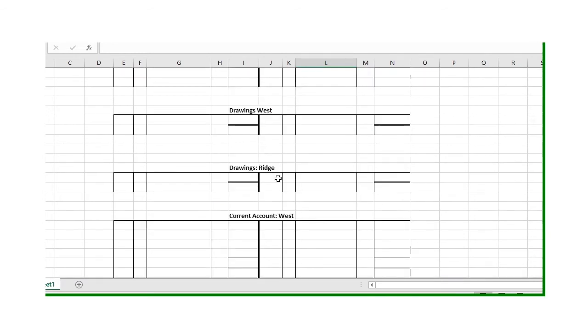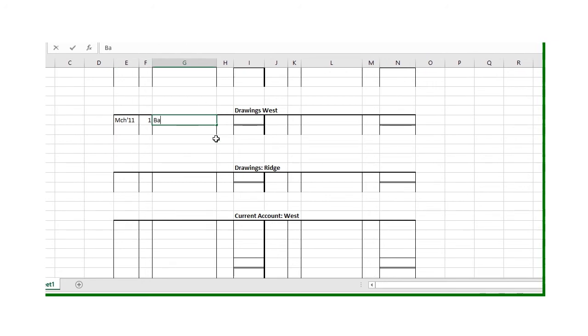So go to drawings, West, March 2011, the first, balance brought down, and his was 950,000, and Reach, 2011, the first, balance brought down, and his was 970,000.